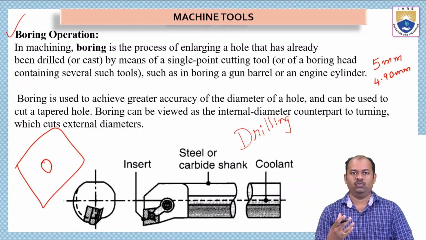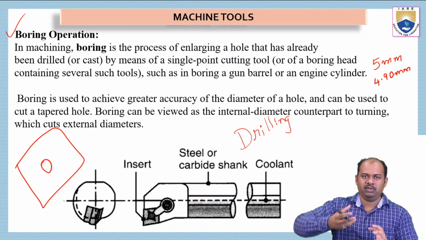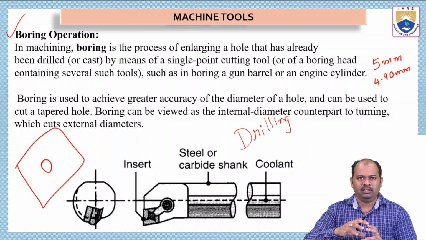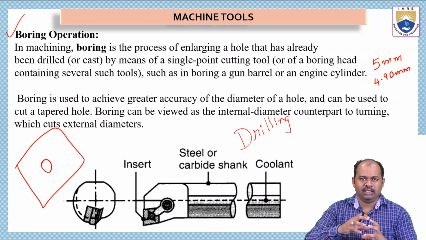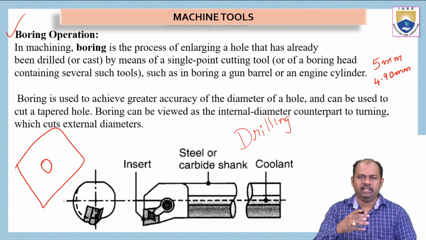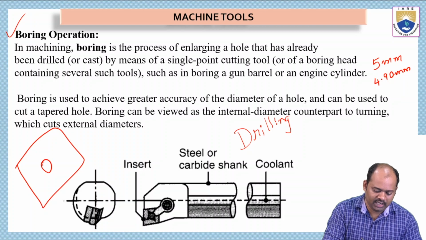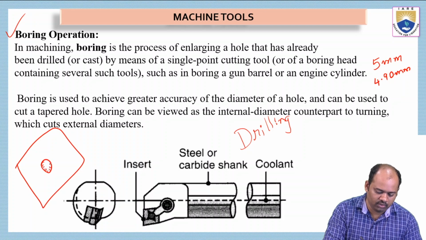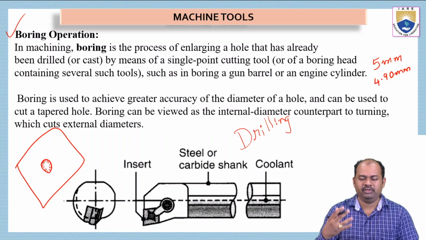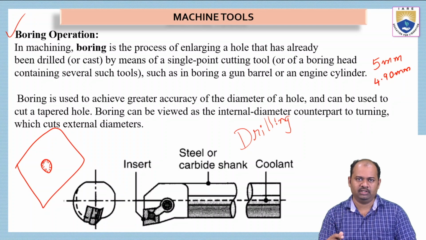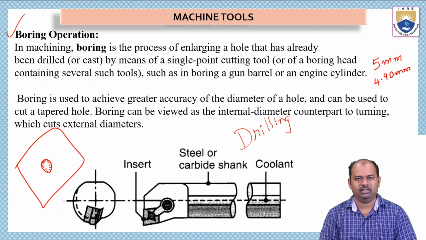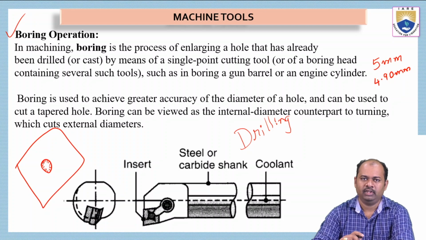It will try to scrape the material out. When the material is scraped out, it is called chipping. The chips are formed, and while forming, they create a very rough surface at the inner surface of the hole. The surface is not smooth inside the hole.